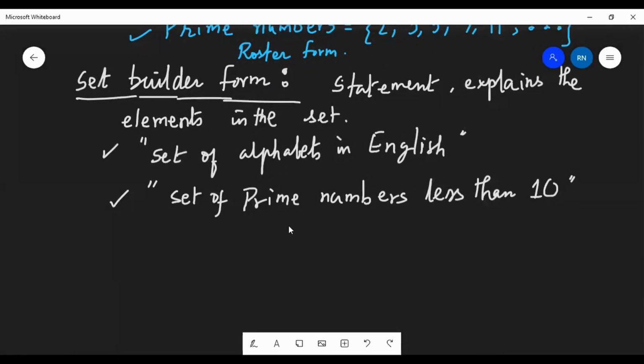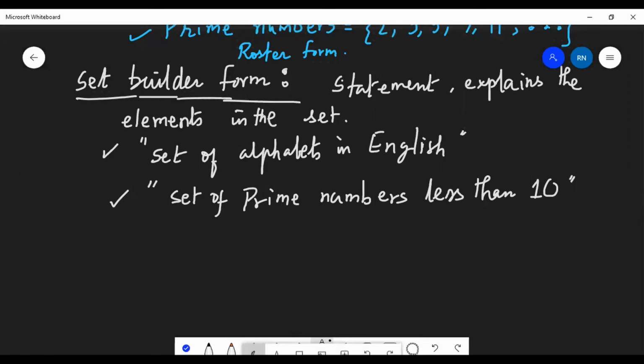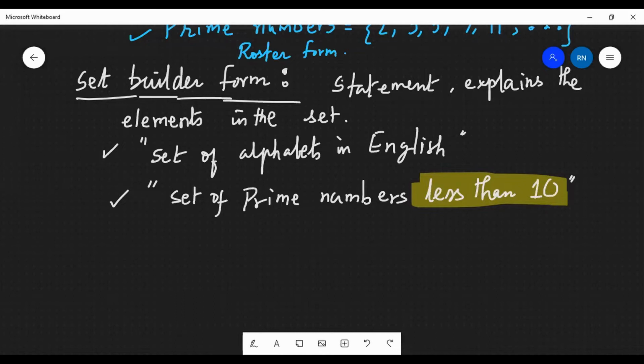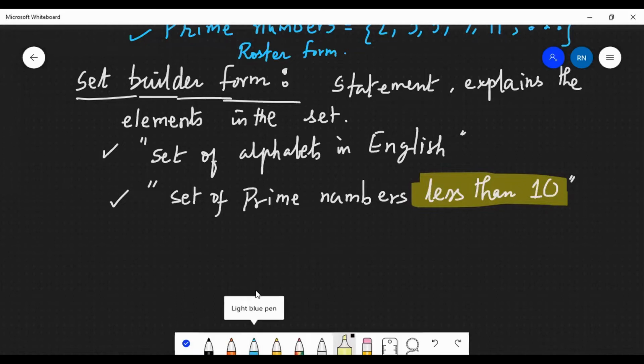So this already contains a qualifier also. So there is a set of prime numbers that is described, and it also involves where to end. There is a qualifier I call. Yeah. You know where to end and where to start. So you know it is supposed to begin at 2, 3, 5 and all that. But you stop at 7 because less than 10.